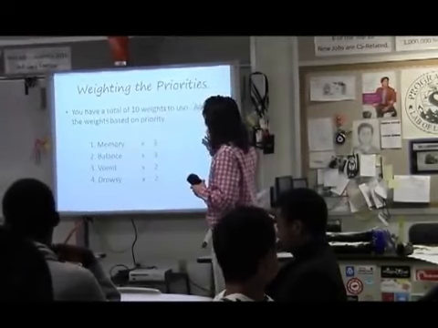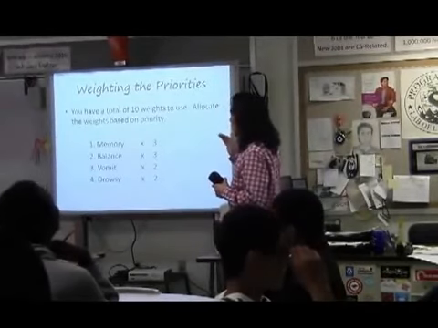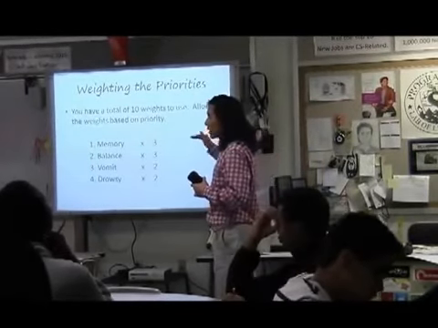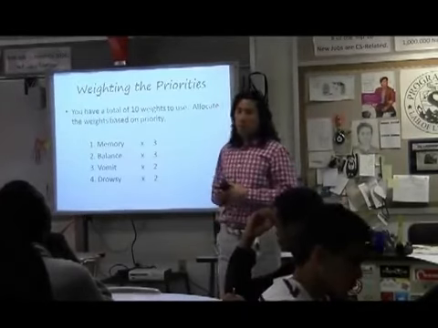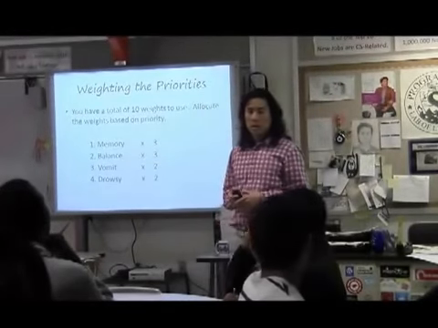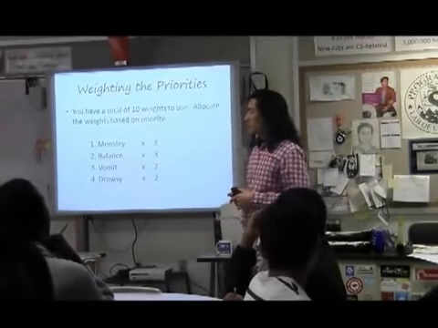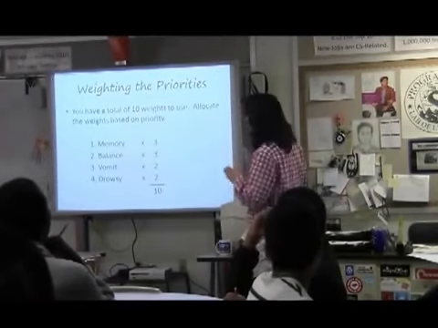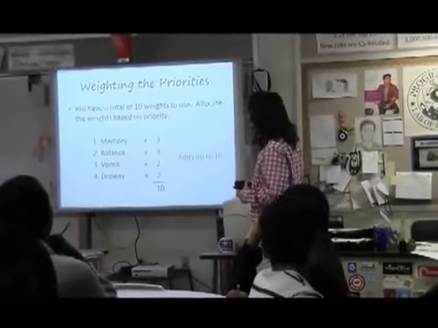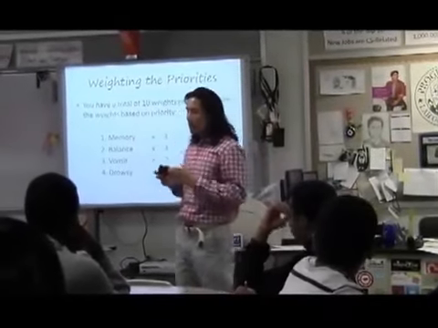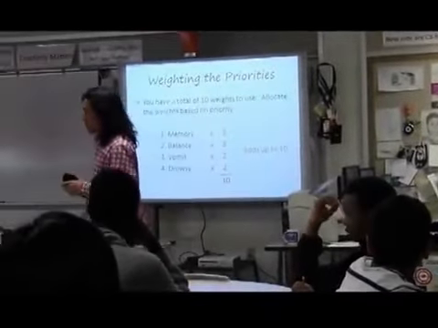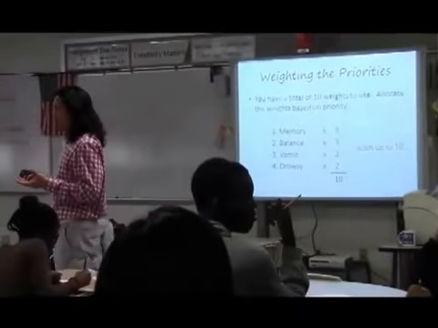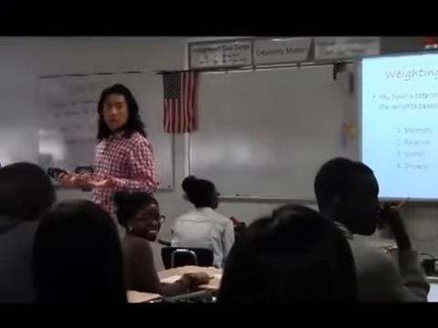So I gave it a 3 for each. Let's say I thought memory was the only thing that was important. What number would I give it? 10. Well, folks, let me give you a clue. All of them have to add up to 10. So if I thought memory was the only thing important, Mika, what would I apply to it? 10. And what would I apply to the other ones? 0. That's right.